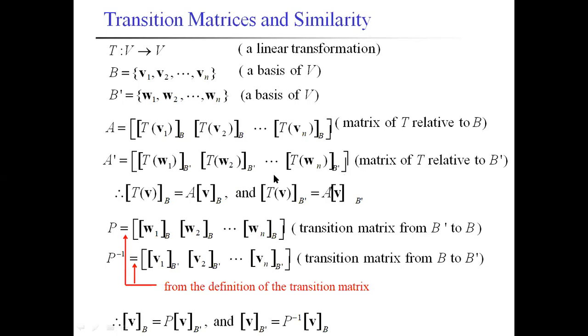Write in the form of column matrices. We already know how to write the column matrices of T of W1, T of W2 with respect to the basis B dash.